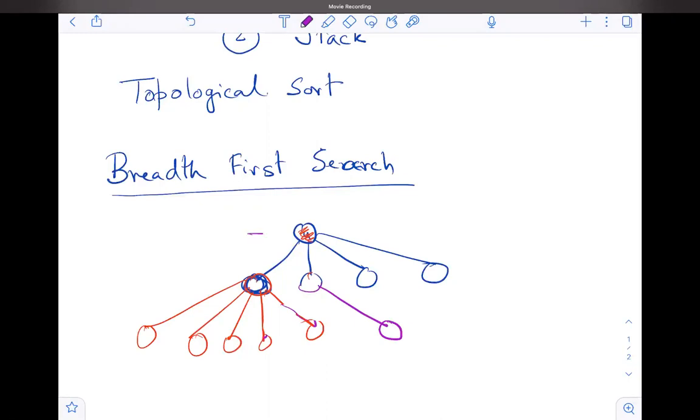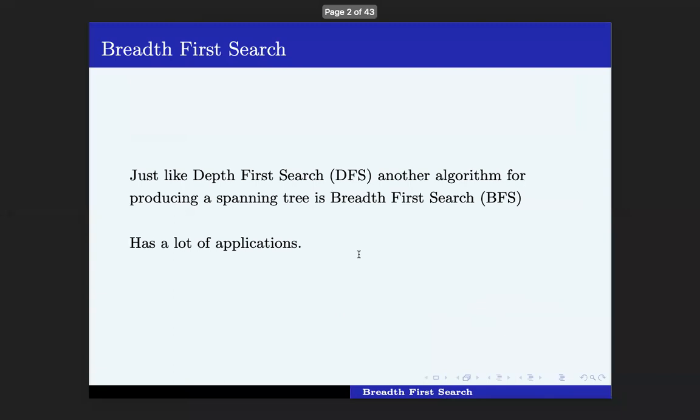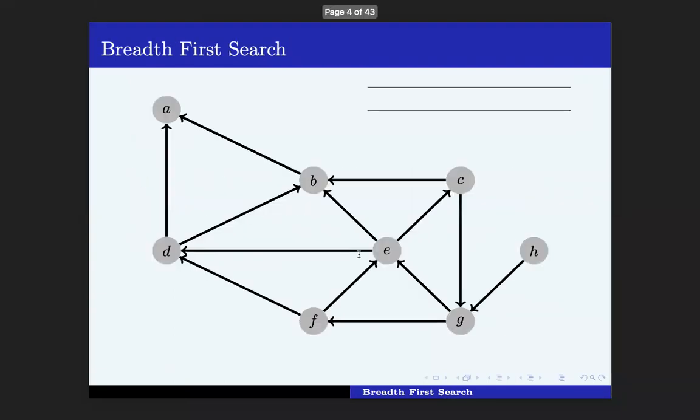So I will first do this vertex, then go over all of its neighbors, then go to the next level and do all of its neighbors, and so on. So there is an ordering of all the neighbors of all the descendants of V, and I will cover them accordingly. Let me give you an example of this.